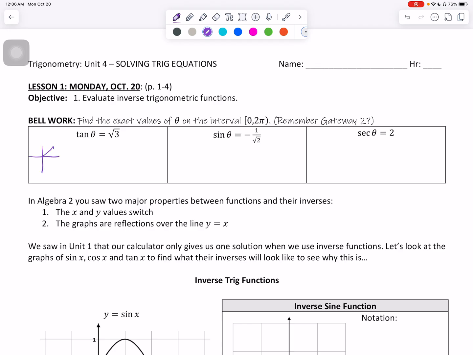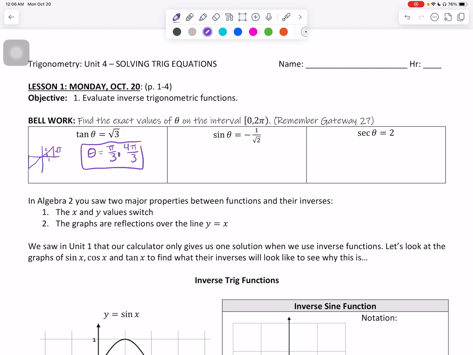Tangent is positive in quadrant 1 and quadrant 3, and so it's square root of 3 over 1, opposite over adjacent, which means that hypotenuse is 2. That is telling us our reference angle is 60 or pi over 3. So we have pi over 3, and then we go one reference angle past pi, so we would have 4 pi over 3.